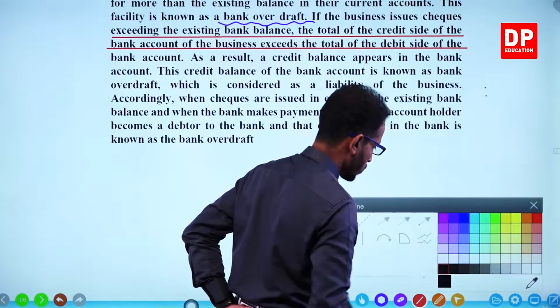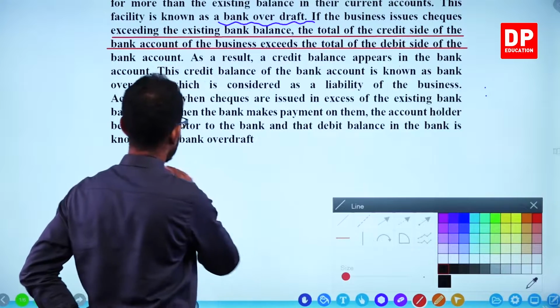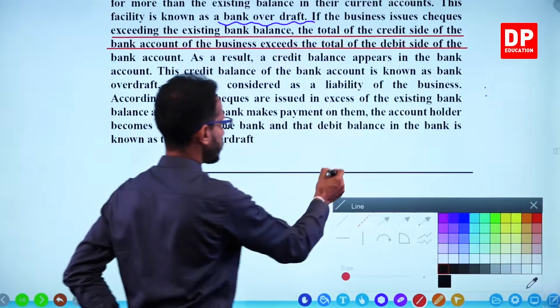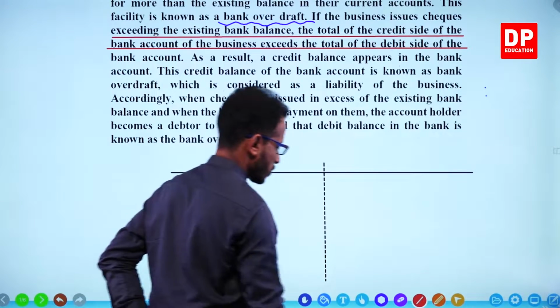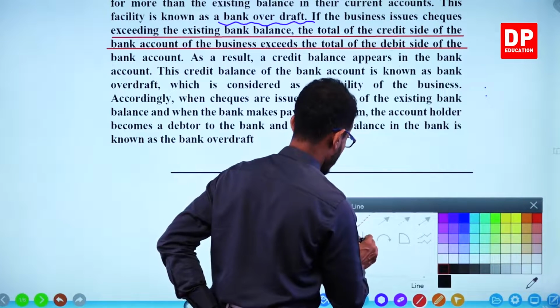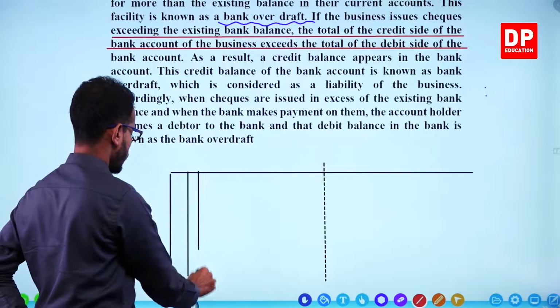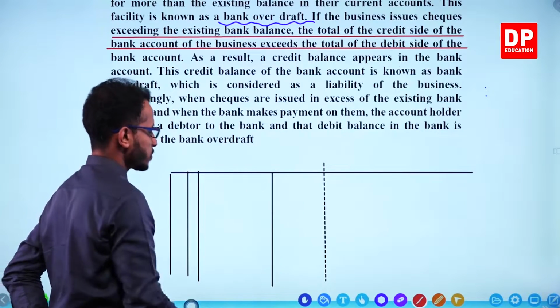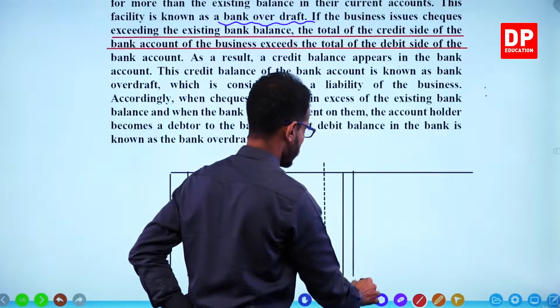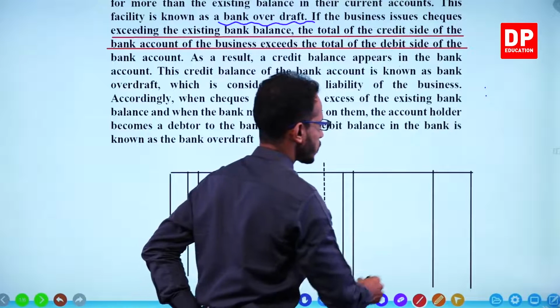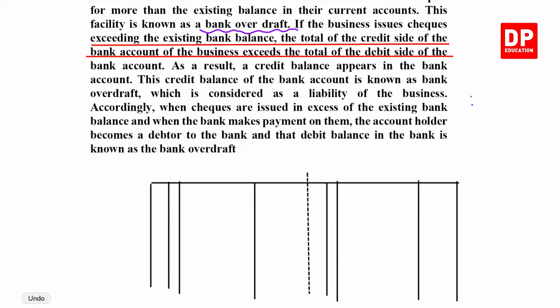All right, I'll draw a quick bank account right here. One, and the center line. Little things lead to big things. I'm not going to name the headers, I'm not going to put the header row.